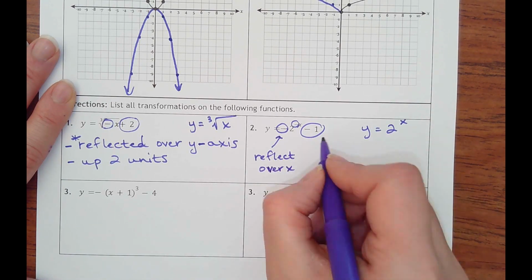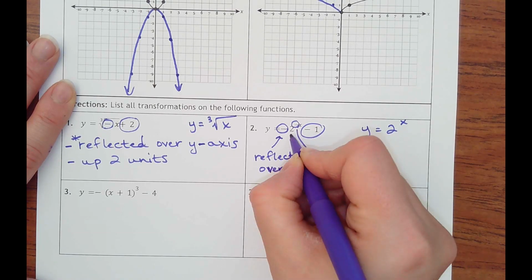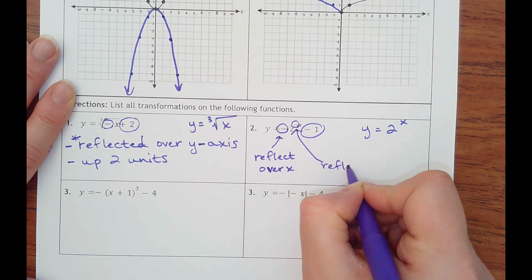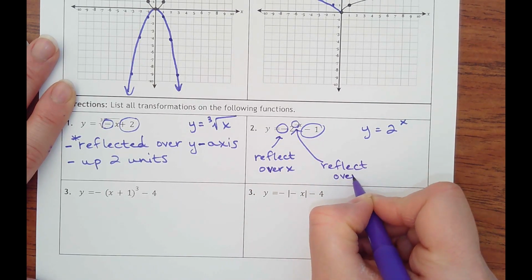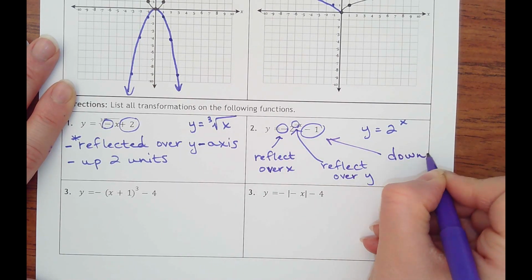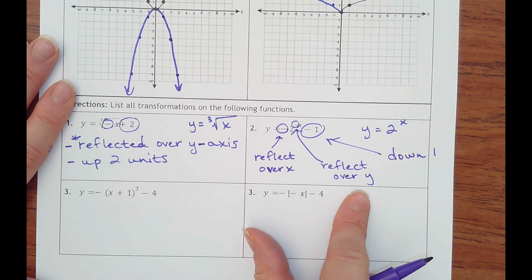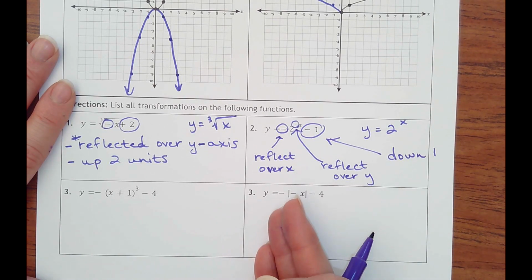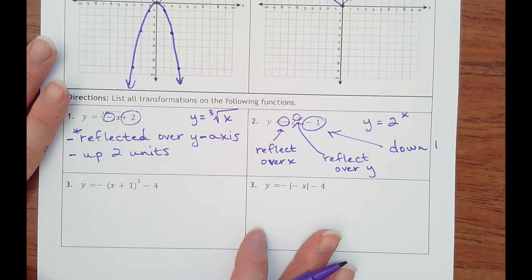I'm just going to put reflect over x. This got reflected over y. And then this on the end is always my favorite because it just went down 1. So again, you would do your reflections first. You would take the parent, reflect it, and then move it down 1.